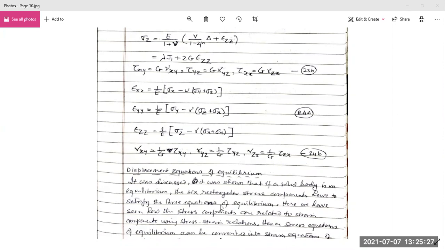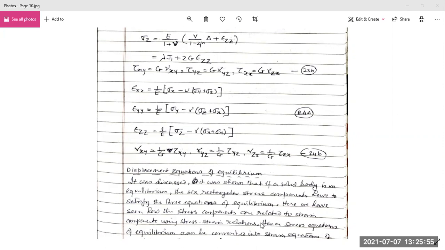Total six stresses and equivalent 6 strains: longitudinal epsilon xx, epsilon yy, epsilon zz, as well as gamma xy, gamma yz, as well as gamma zx. These 6 equations with 6 unknown strains give a total of around 36 unknowns.